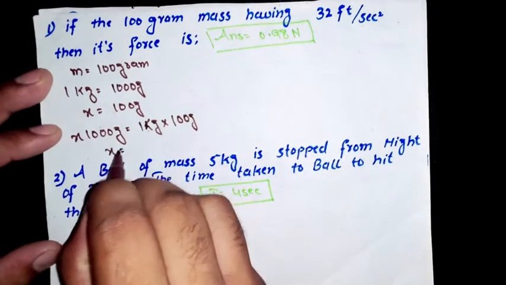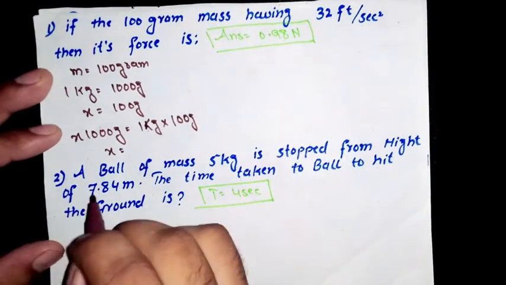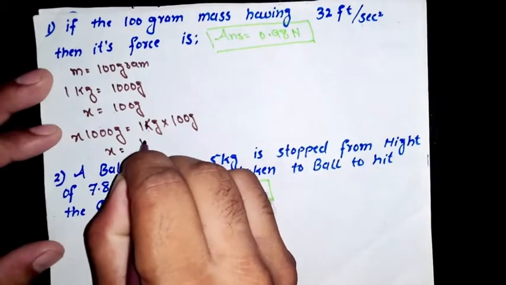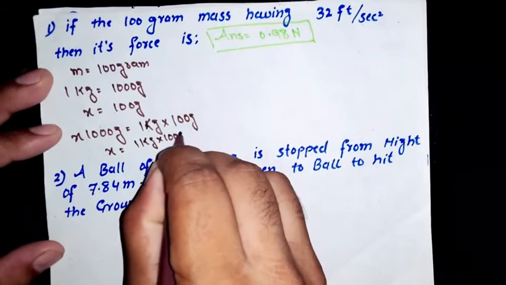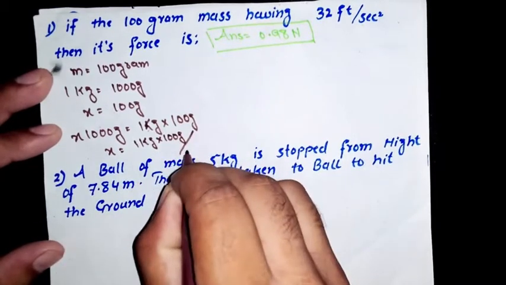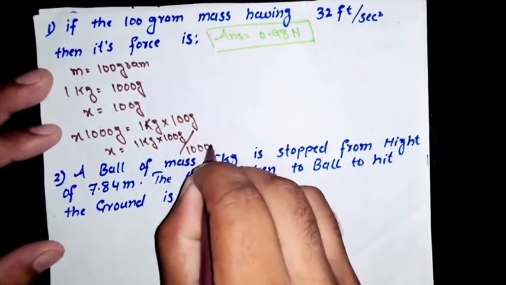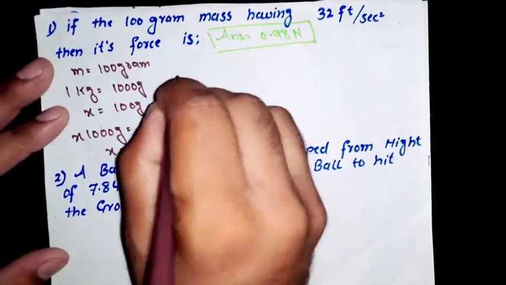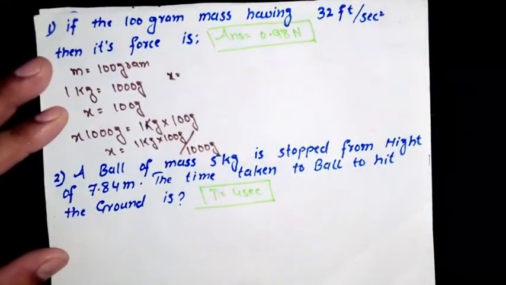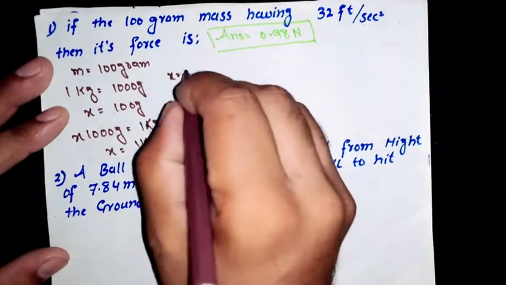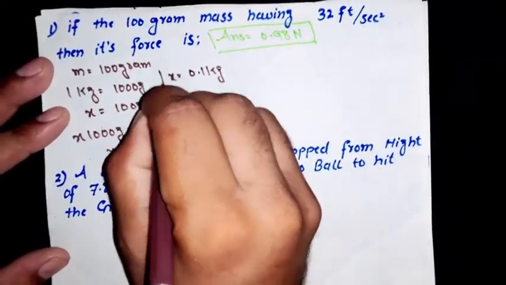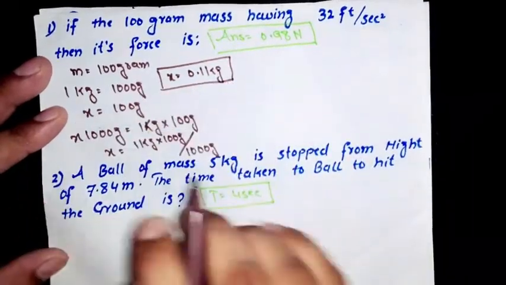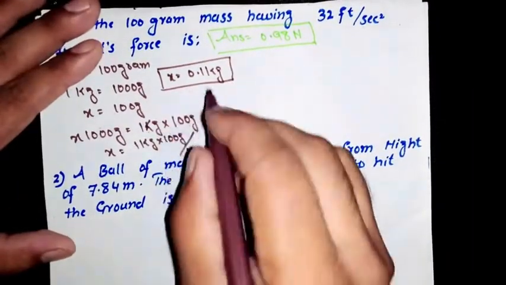So x is equal to 1 kilogram multiplied by 100 gram divided by 1000 gram. So x becomes 0.1 kg. This is the mass in kilogram.